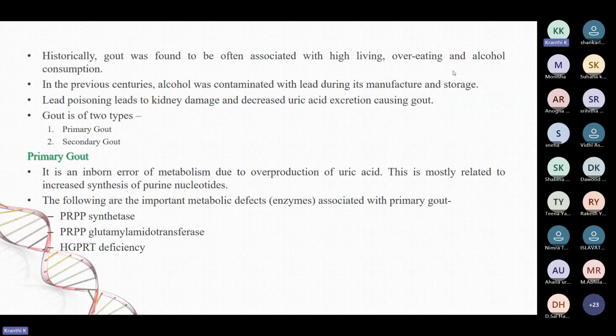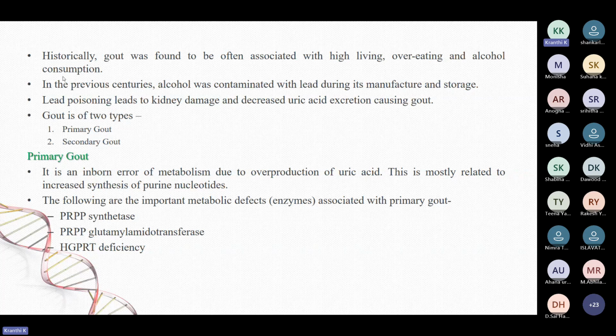Overeating of non-vegetarian food. Nucleotides are broken down and finally purines are liberated. The end product of purine is uric acid. So if you eat more non-veg, purine metabolism will happen, which is one indication of hyperuricemia, high uric acid in the blood.